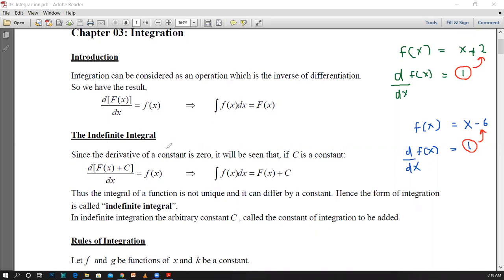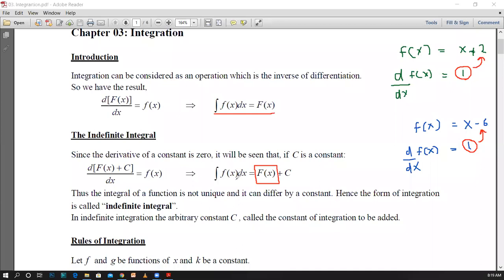Therefore, if you are integrating a function with respect to x, first of all, we need to identify a basic function, which we can call capital F(x). It is denoted in integration also.